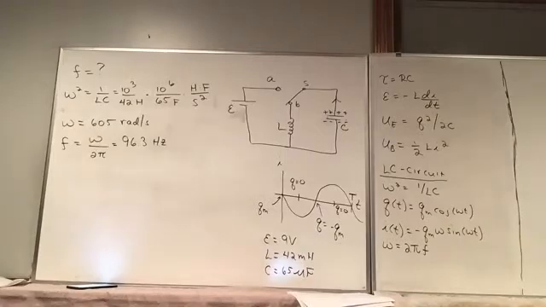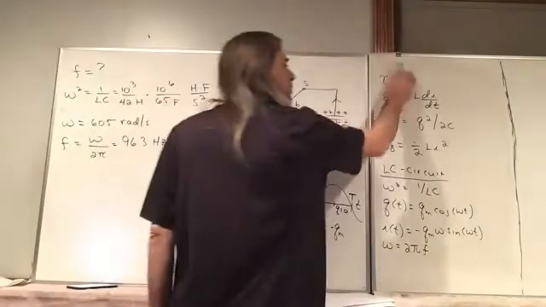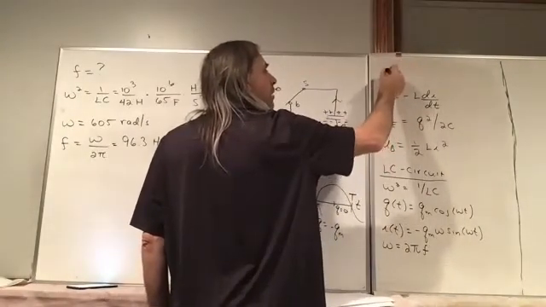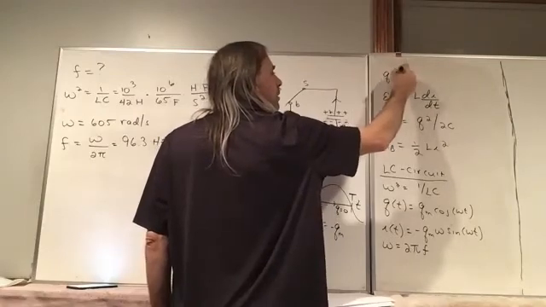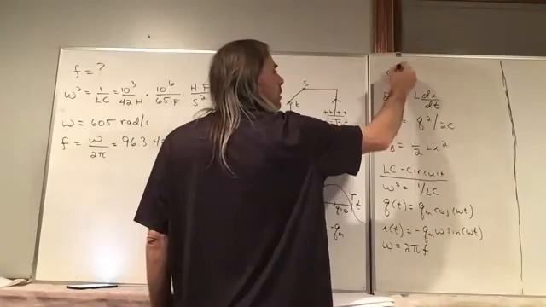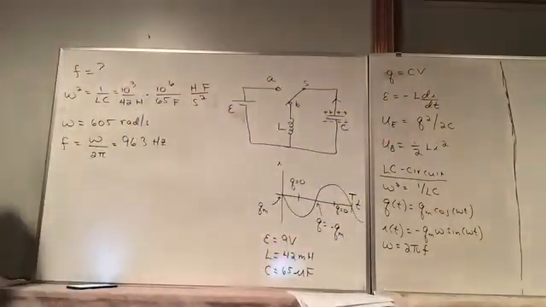We could find the total energy in the circuit if we wanted to. We know for a capacitor, let me write this down, Q is equal to CV in general.